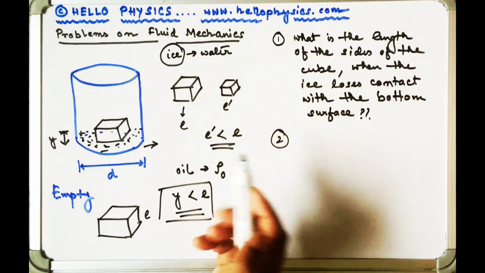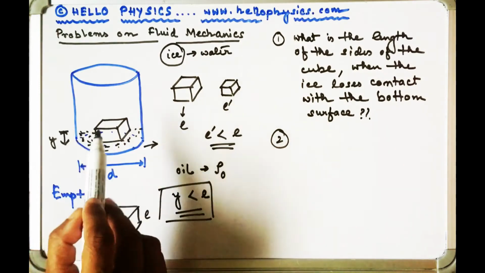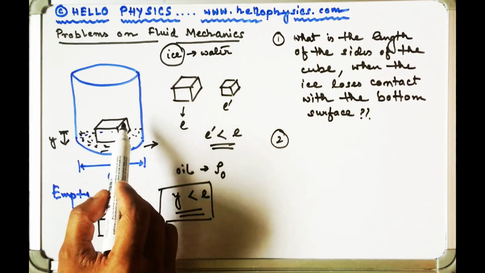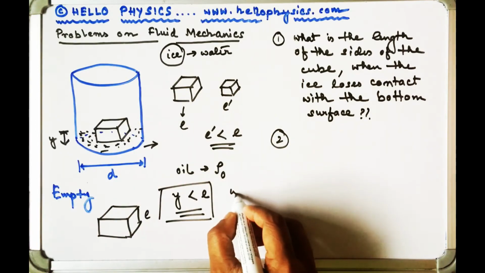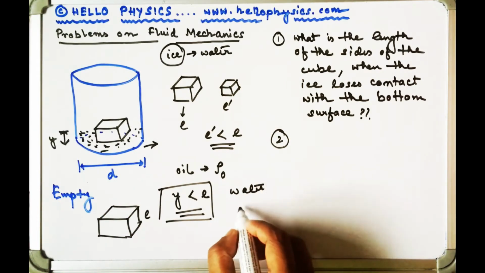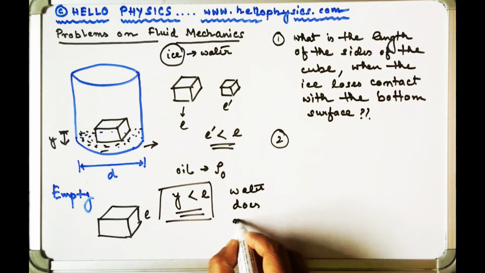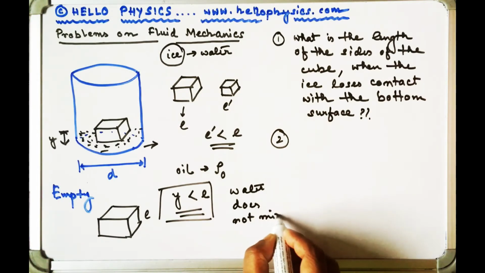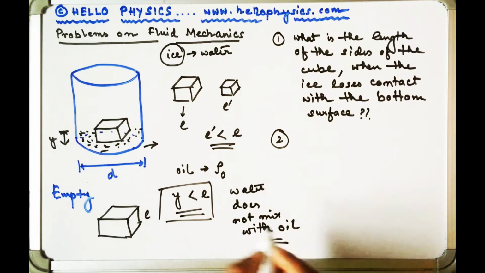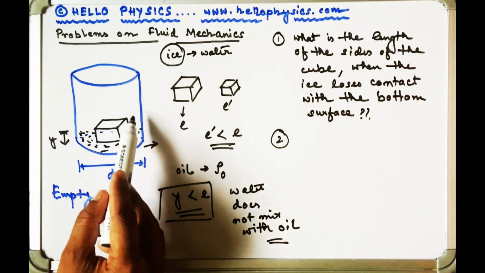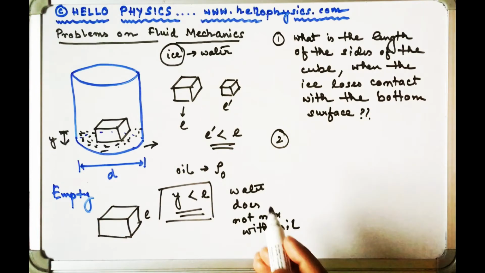Now what happens is the ice cube is placed and it starts melting. So water would form. Water does not mix with oil. So the water would start collecting somewhere.